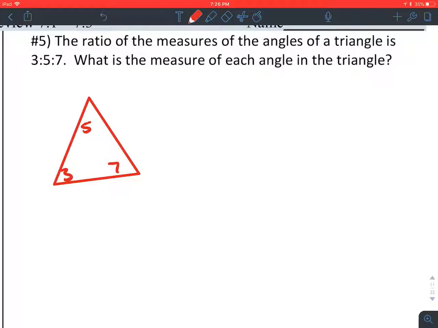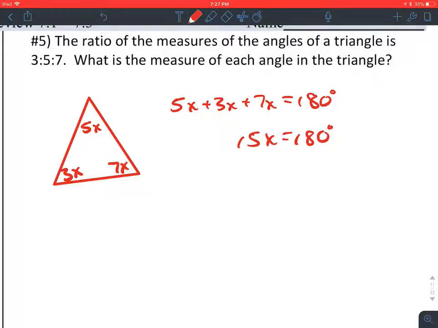So they could be double these numbers, or triple, or quadruple, or times 5, or times 6. We don't know how many times bigger the actual angles are, so we multiply them all by the same number. Then we use the angle sum theorem, which says when you sum up all the angles in a triangle, it equals 180 degrees every time. Summing the angles, we get 15x equals 180. If we divide both sides by 15, we get x is 12.